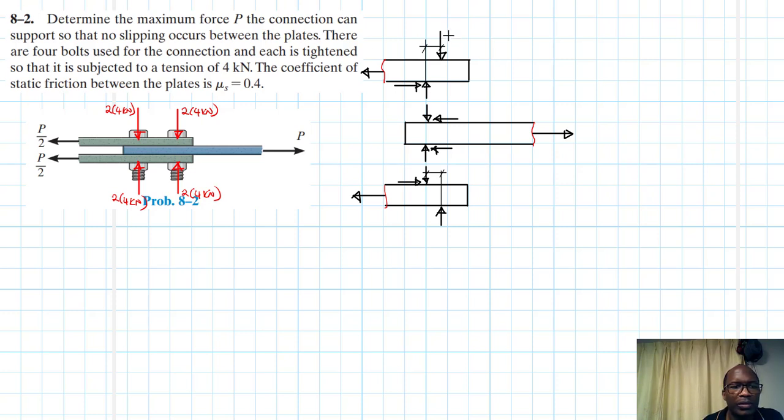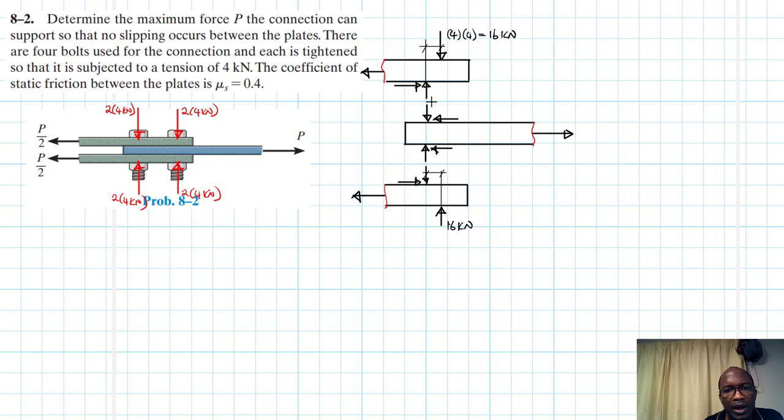Like we said, the summation of the tension force in the board, which the reaction is a compression on the plates. So this becomes 4 times 4, which is equal to 16 kilonewtons.